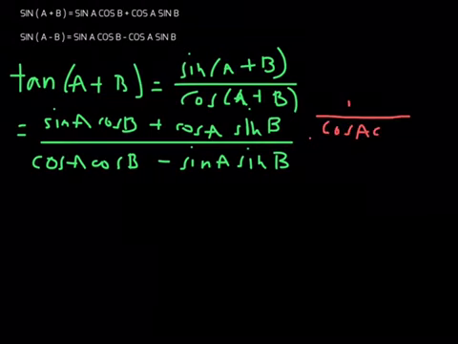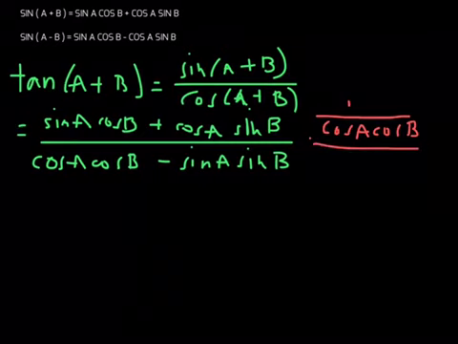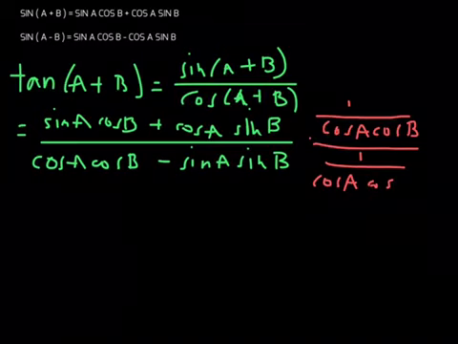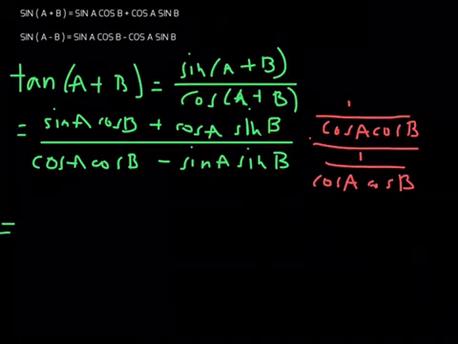Multiply the numerator by that, and the denominator by that as well. Now, let's keep working. So what you're going to have is sine of a times cosine of b.